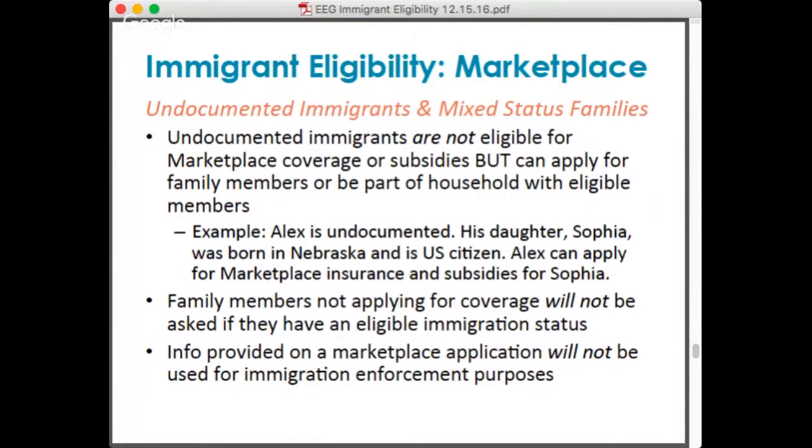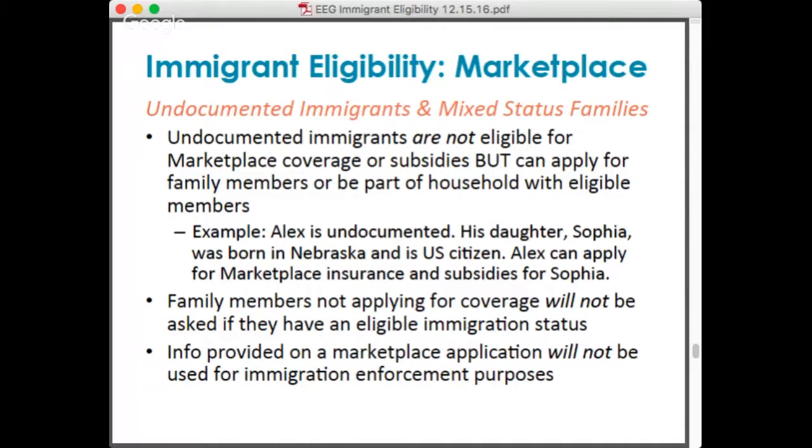All right, so as I mentioned at the beginning, there might be issues with clients who are concerned about the impact of applying for coverage, how it impacts their immigration status or adjustments to their status or things like that.